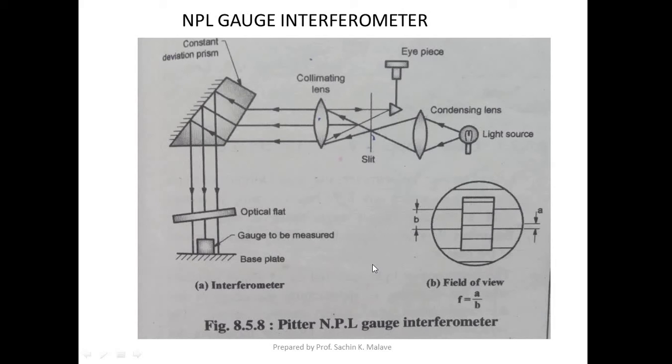We have already discussed that when the surface is perfectly flat, the pitch of both fringe patterns will be the same, as well as the direction. The direction is also the same, horizontal, and the pitch of both fringe patterns is also the same. Okay, so this spacing and this spacing are both the same.